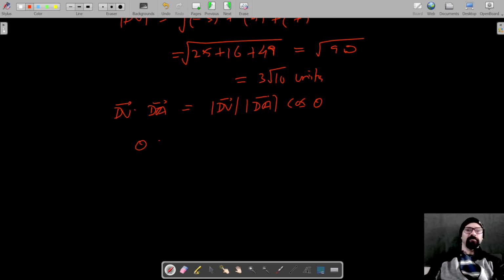So cos theta is equal to the dot product of dA and dV divided by their respective magnitudes.